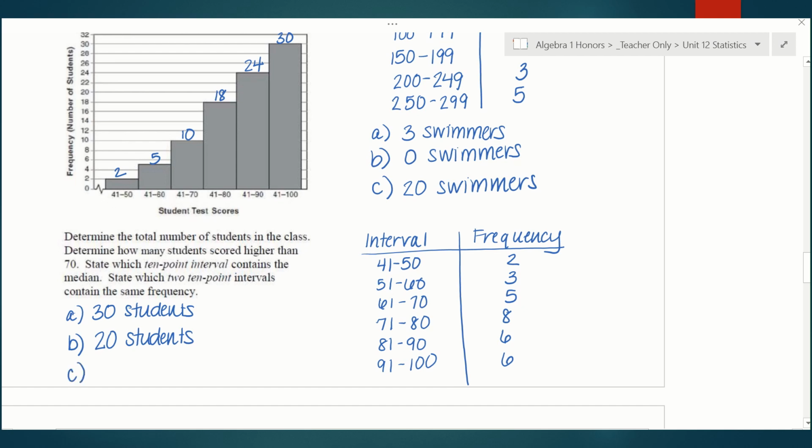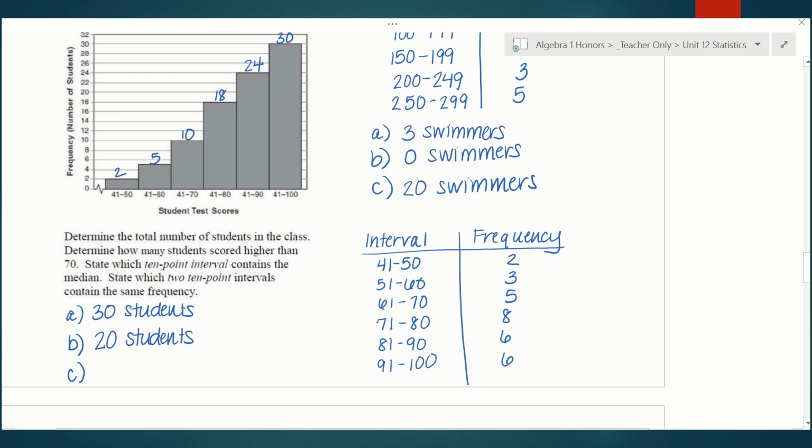Okay, part C, state which 10-point interval contains the median. Remember we have a total of 30 students that we're referring to here, and so we have to figure out what is the median student. If you have 30 students lined up, who's in the middle? Well, because it's an even number, there's going to be 2 in the middle, right? So you're looking at basically 15 and 16.